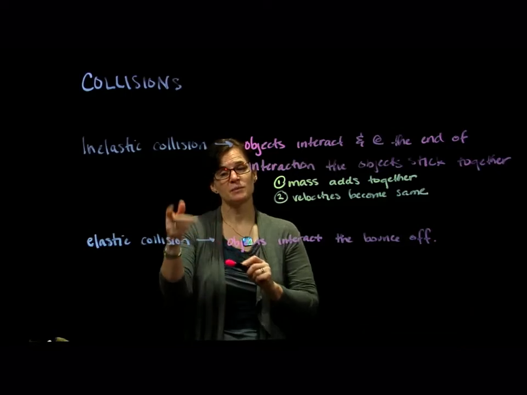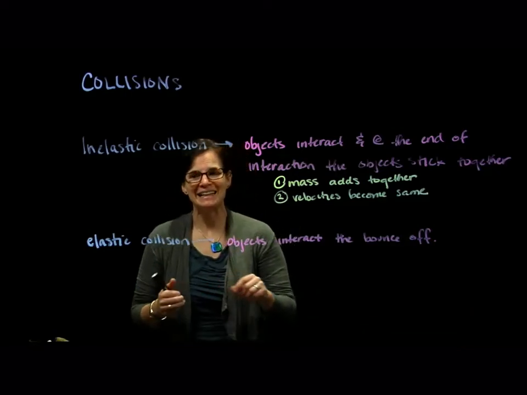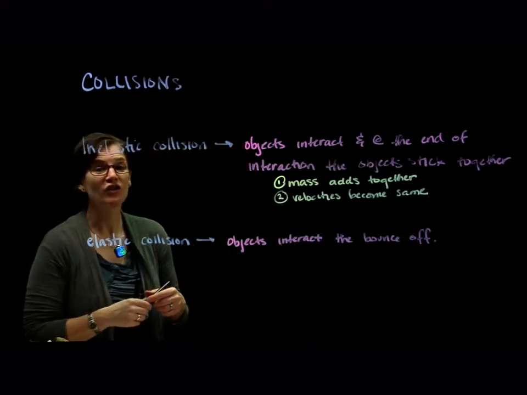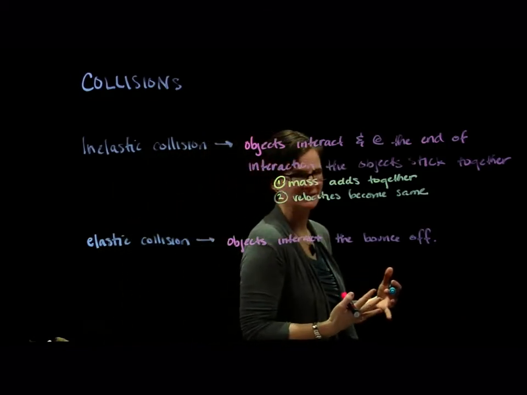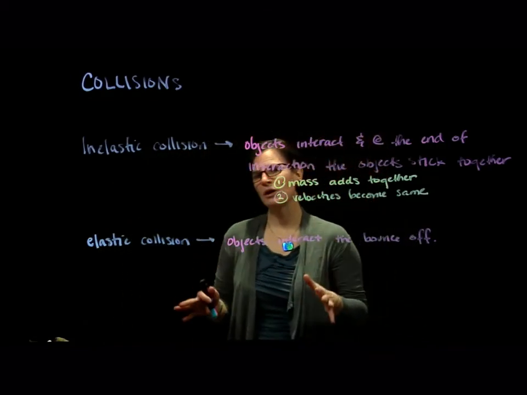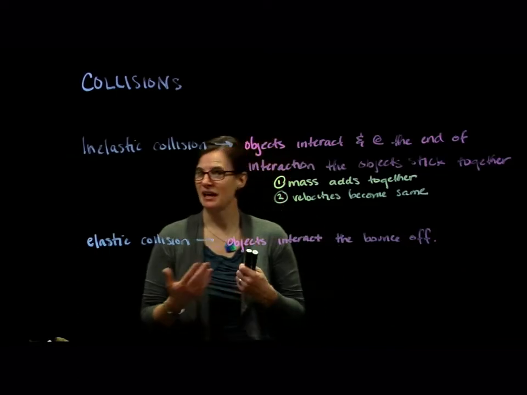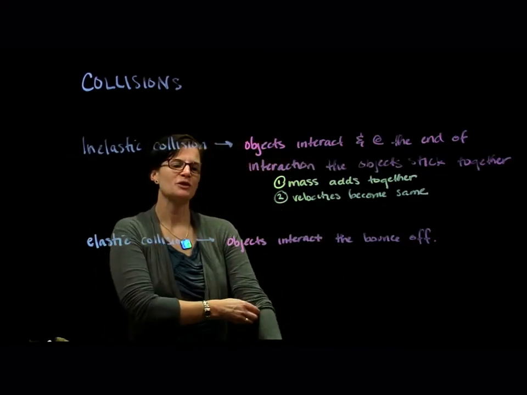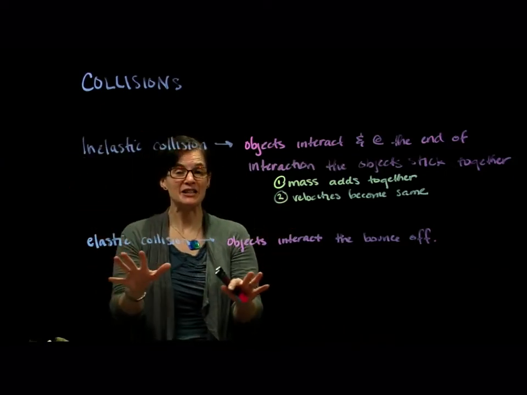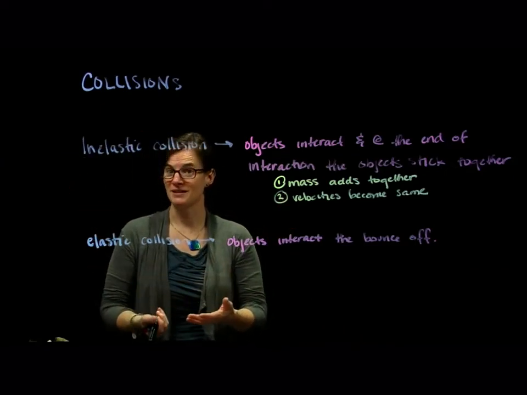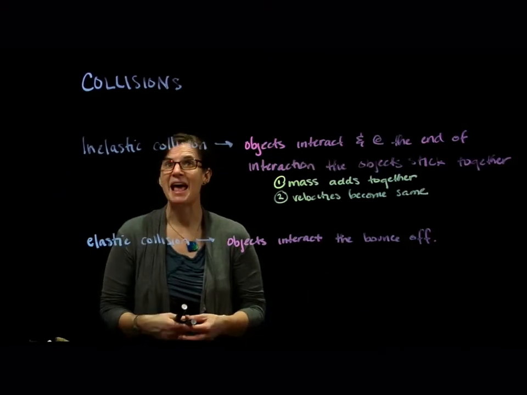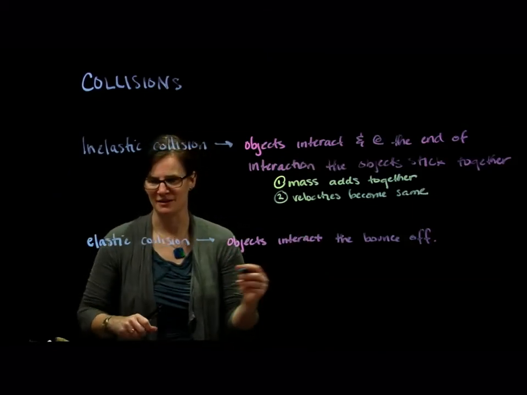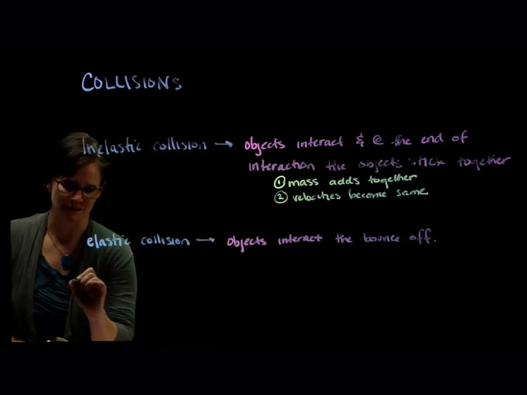Now, there is what we call a perfectly elastic collision and a perfectly inelastic collision. So we're going to worry about that when we deal with energy and when we talk about energy of collisions. Right now, we are going to look at collisions in terms of momentum and use momentum and the conservation of momentum to solve problems with collisions.